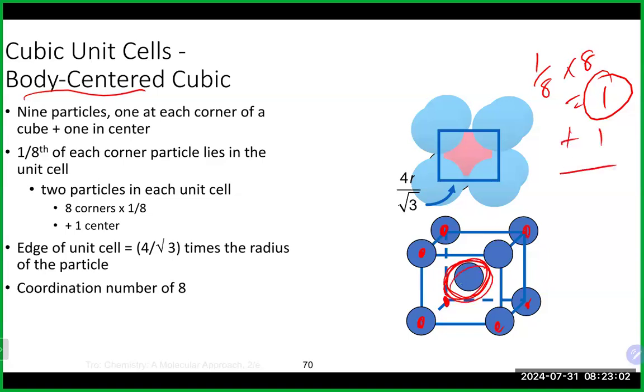So plus 1 more atom gives you 2 total atoms. You have basically an entire atom from the corners and 1 whole intact atom in the center of the cube. And to get the edge length, it is 4 times r divided by the square root of 3.